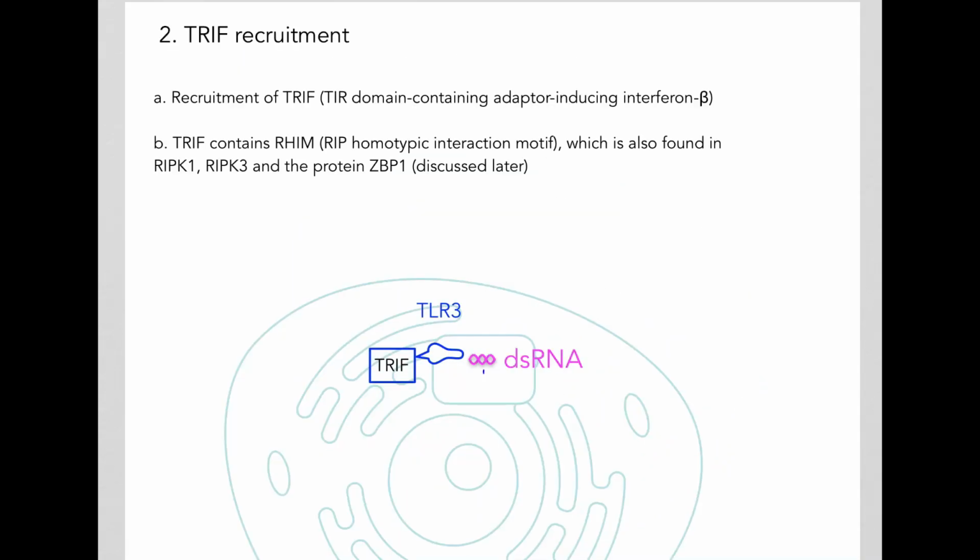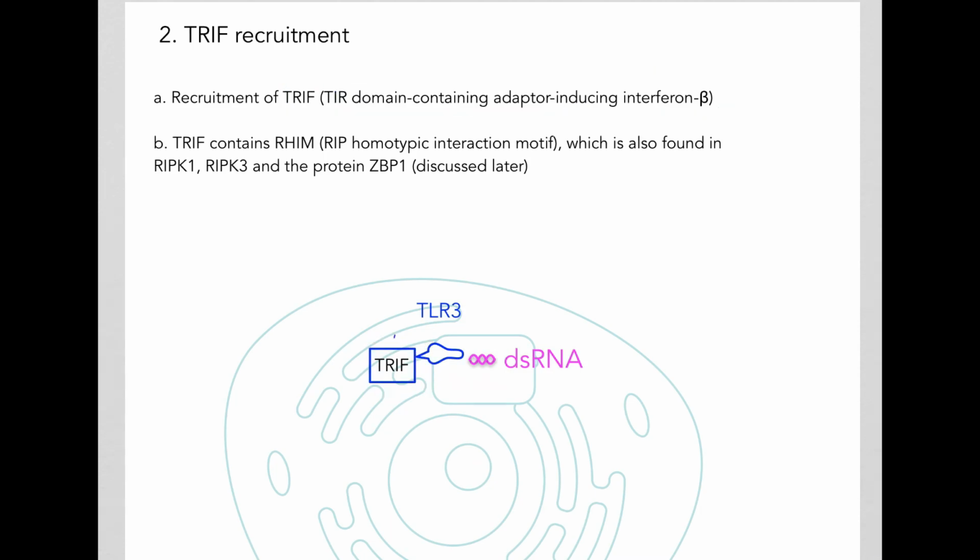This binding of the ligand to TLR3 will cause the TIR domain of TLR3 to interact with the TIR domain of the protein TRIF. So this TRIF protein is recruited to the receptor. TRIF stands for TIR domain-containing adaptor-inducing interferon-beta protein.